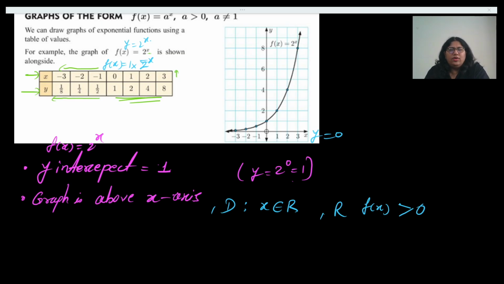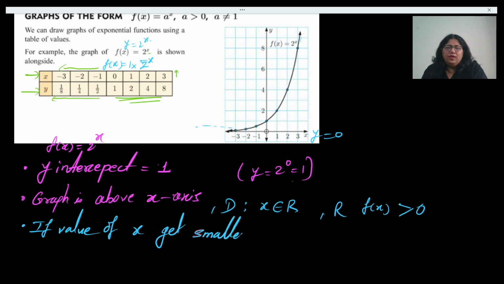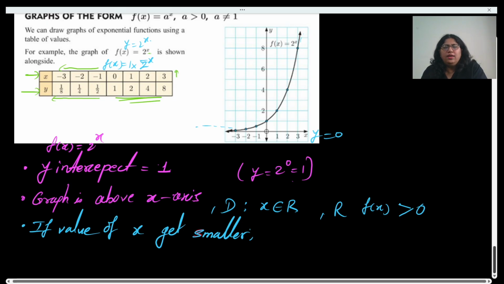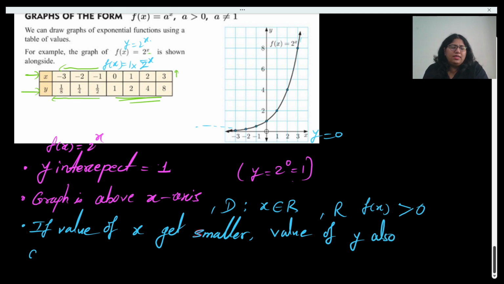That's the second one. So if the value of x gets smaller, the value of y also decreases exponentially, right? So the value of y also decreases, but never becomes 0.